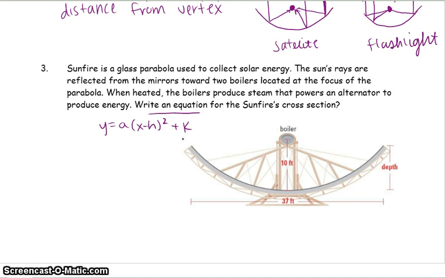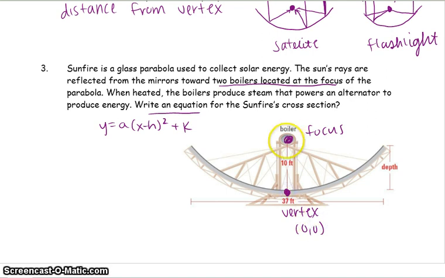And another thing that we could think about is it tells us that this boiler is our focus. Two boilers located at the focus here. So if this is our focus, we could make this point down here our vertex. So to make our lives easier, we can just make this point 0, 0.